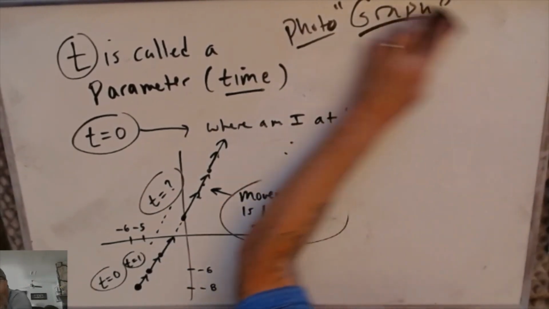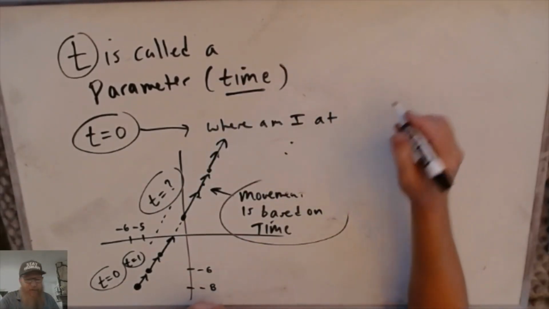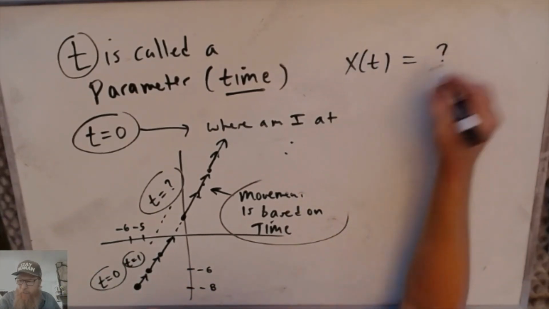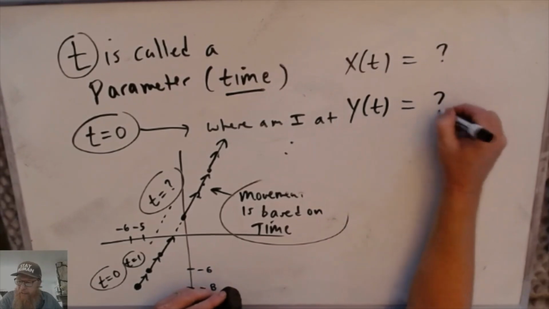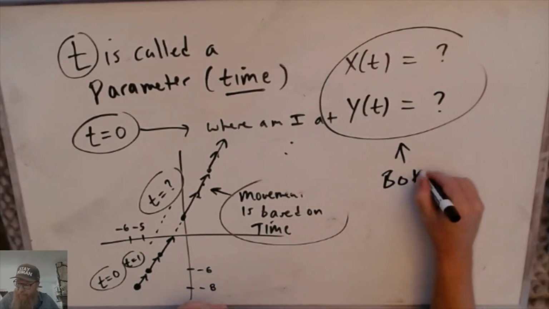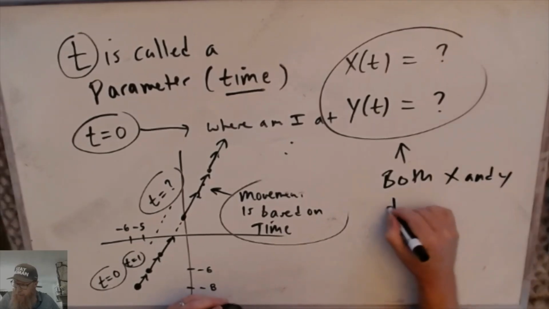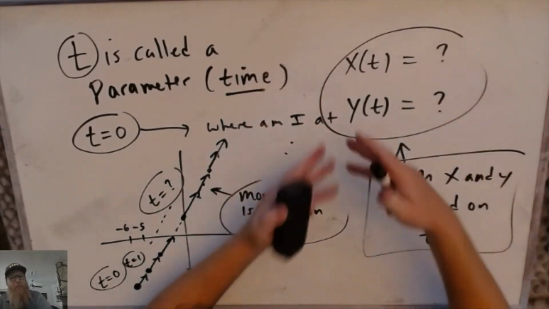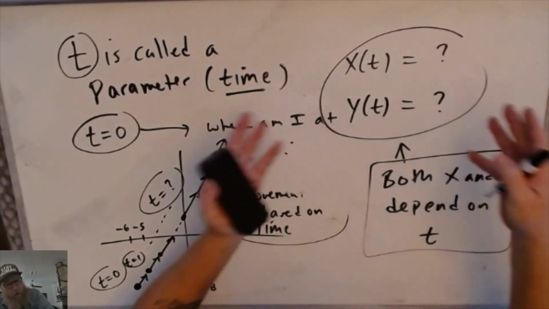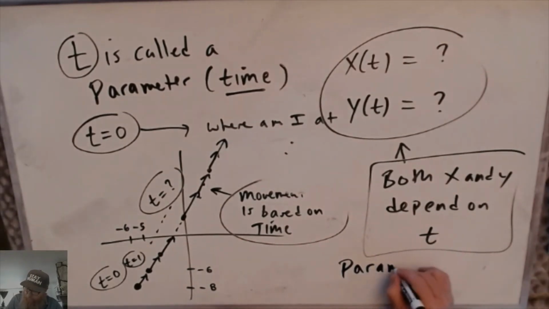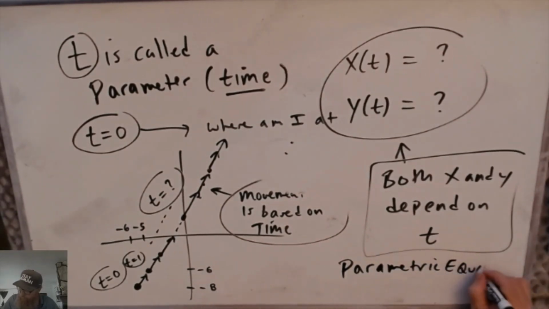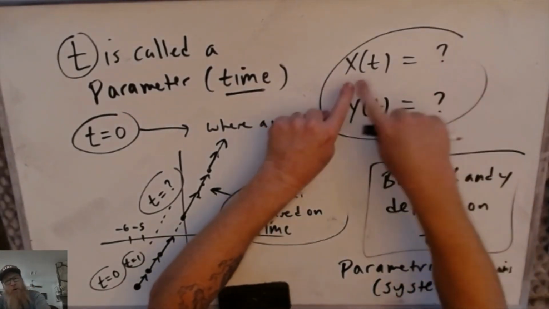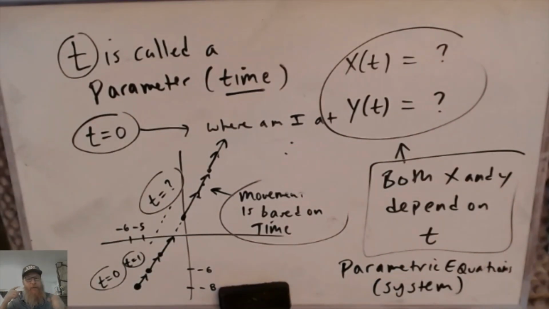That would mean that instead of y depending on x, both x and y depend on t. This is called a parametric equation or a parametric system. It's usually a system of equations because you need one equation for your x and another for your y.